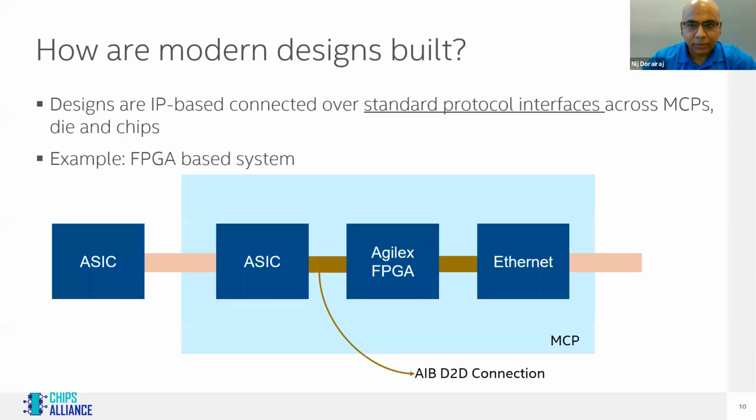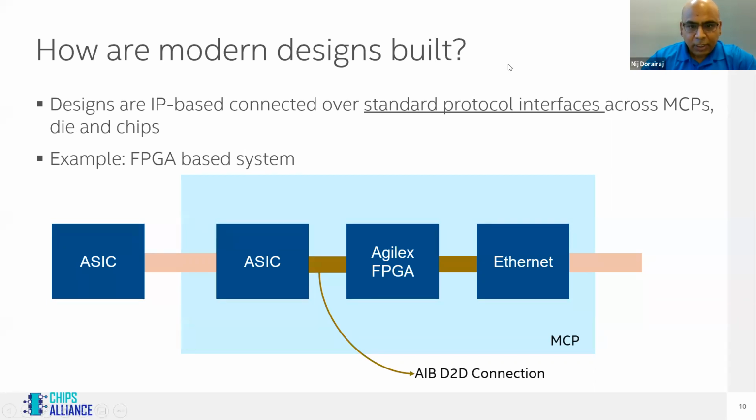Next slide, Dave. Thank you. So how are our modern designs built? If you look at current design trends and methodology, designs are more often IP based, and they're connected over standard protocol interfaces. And these interfaces could cross MCPs, dies, or chips.